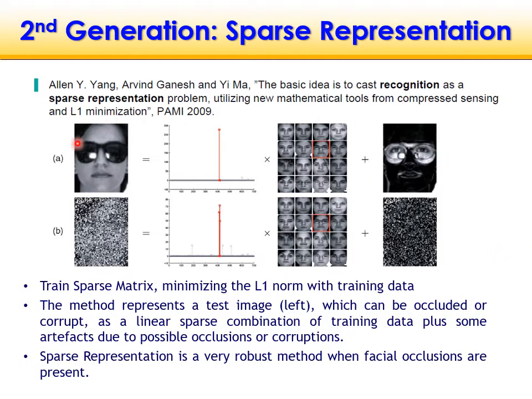We're not going into the mathematical details, just to give you an intuitive idea, we can use this image. Let's say we have an input face and we have a big collection of faces.